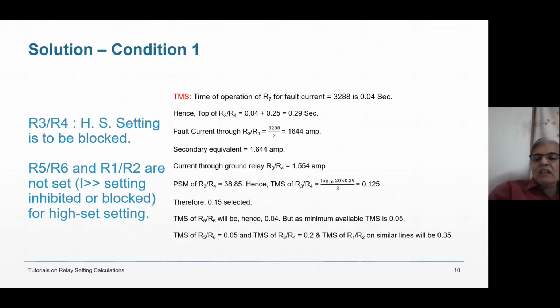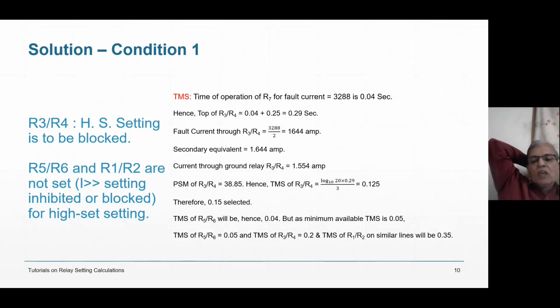So if I select R5, R6 0.05, then R3, R4 will be higher than that. I have to calculate the time of operation of R5, R6, add 0.25 to that, and based on that I have to find out TMS. So that TMS comes out to be 0.2.